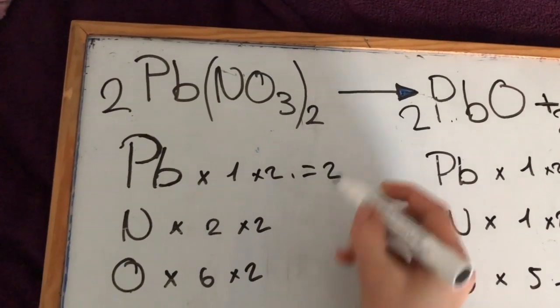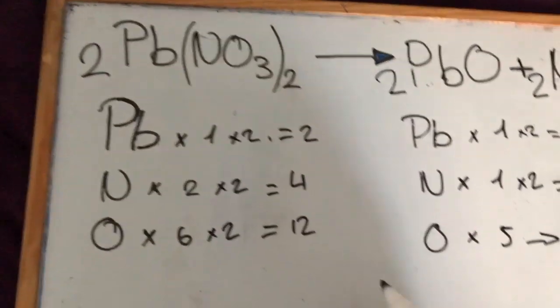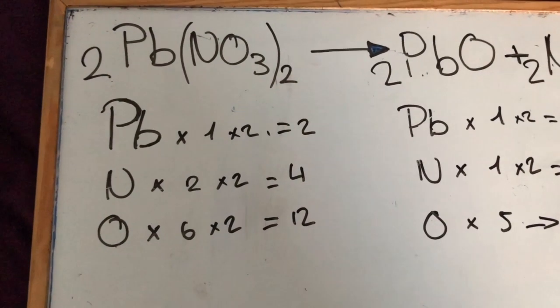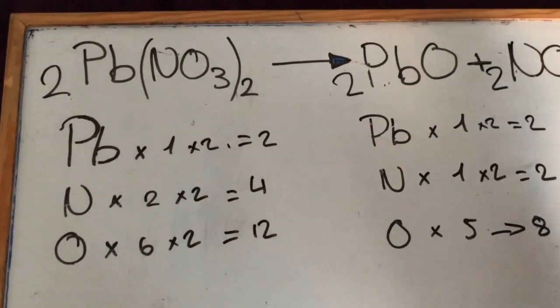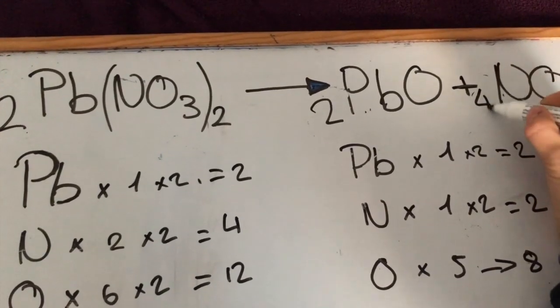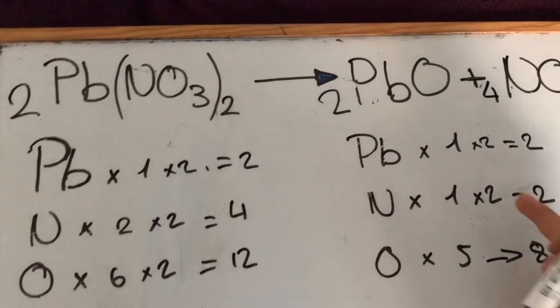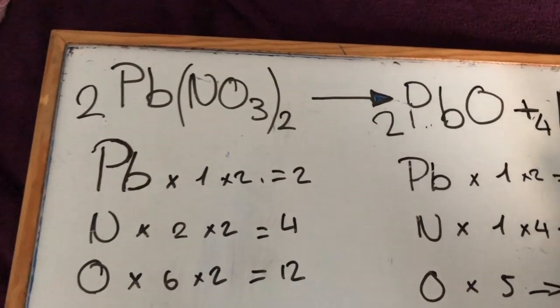So now we have 2 here, 4 here, and 12. So 2 and 2, those are equal. Nitrogen, we have 4 here and 2 here, so we're going to have to multiply this by 2 again. So we're going to put 4 instead. So now this will become 4.